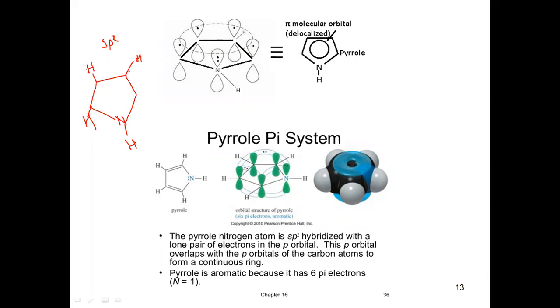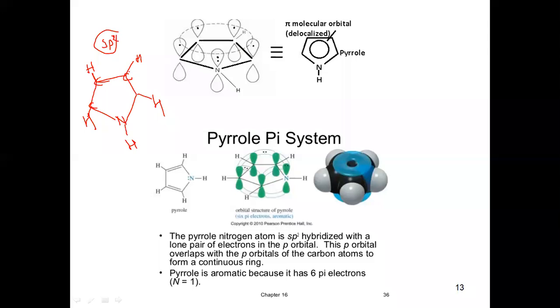So in the pyrrole ring, you can see here, this carbon forms one bond with the 1s atomic orbital of the hydrogen, a second bond with this carbon, and a third bond with this carbon. It formed 3 sigma bonds, and this carbon has one unhybridized atomic orbital, a p orbital.